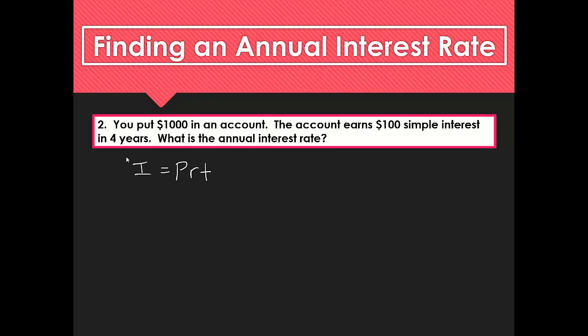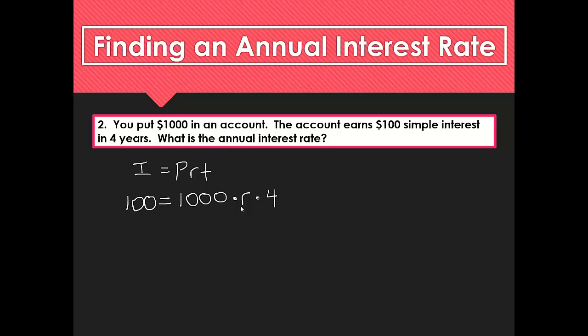And it says that we put $1,000 in an account. So that is P, the principal. The account earns $100 simple interest. So that's the I, the interest. And it says we do that in 4 years. We don't know the rate, so we don't know R. So we're going to have 100 equals 1,000 times R times 4.